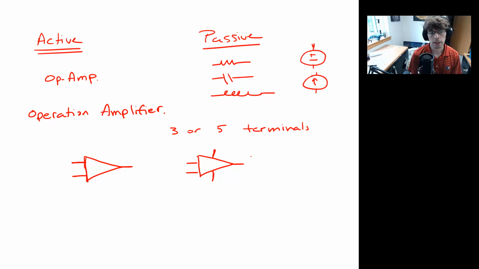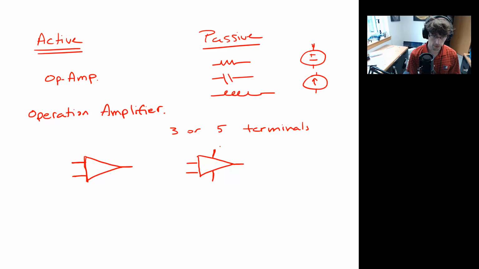Now, generally, this right-hand drawing is probably the more accurate one. The difference between the two is that this right-hand drawing is also showing you the power inputs to the operational amplifier.